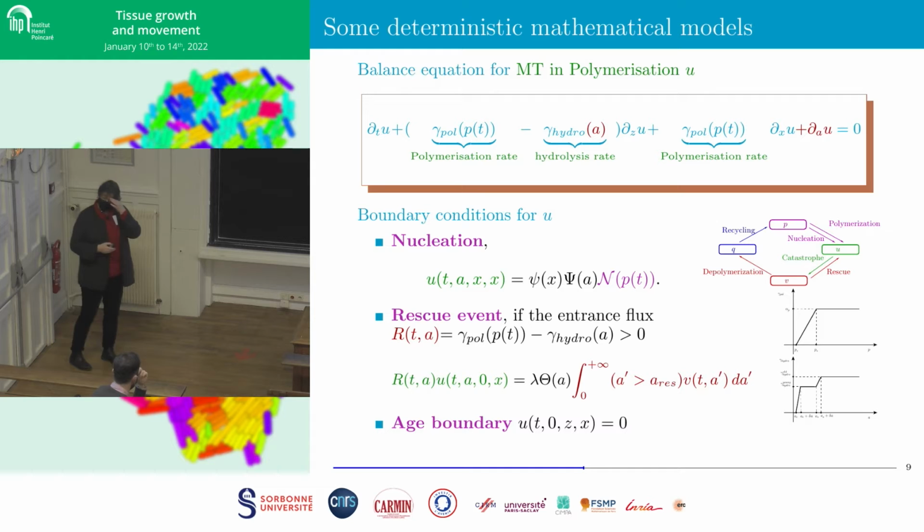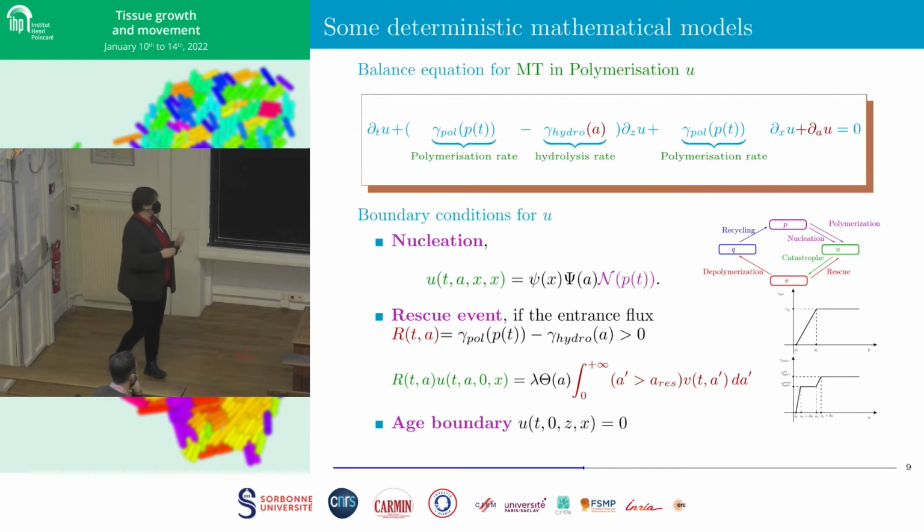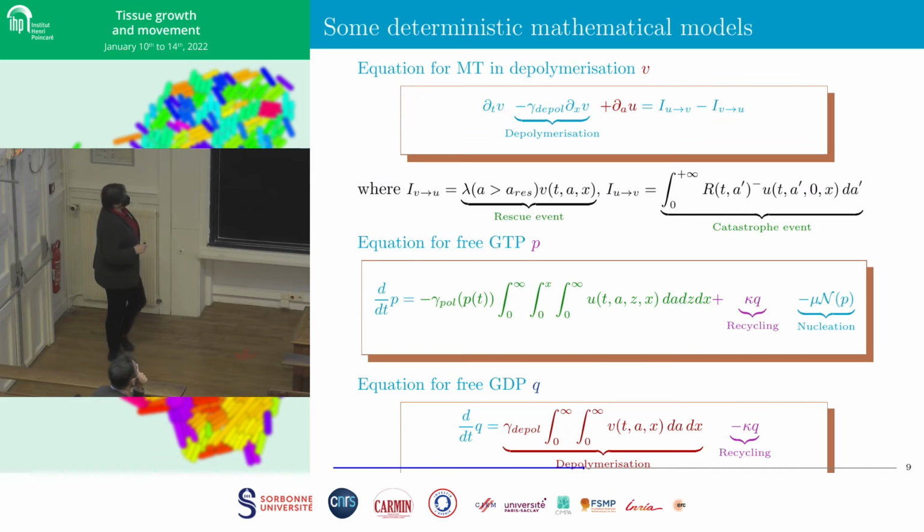Then you have boundary conditions associated to this equation. One boundary condition corresponds to the nucleation process, that is the addition of new microtubules. The other corresponds to the rescue event. And we have an age boundary condition to close the system. Here are the three other equations.